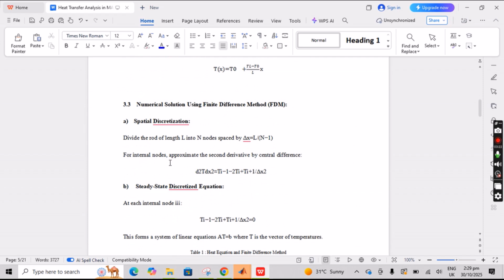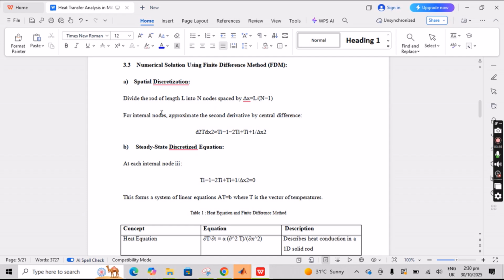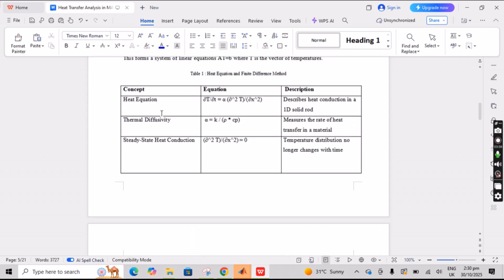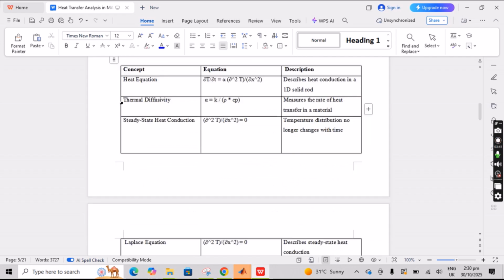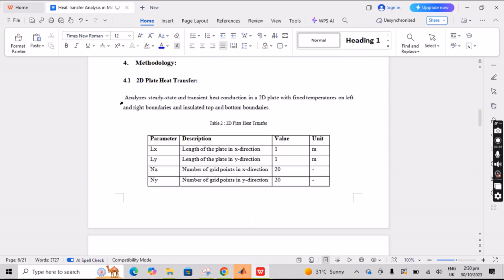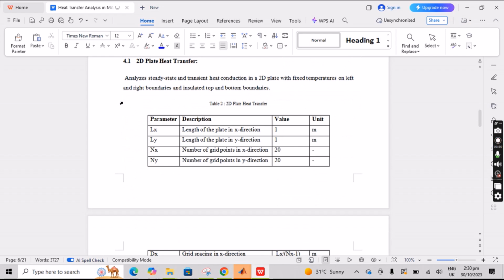I have also explained and expanded the spatial discretization with the steady state discretized equations, and these are the heat transfer equations with the finite difference method according to different methodology of the 2D plate heat transfer.